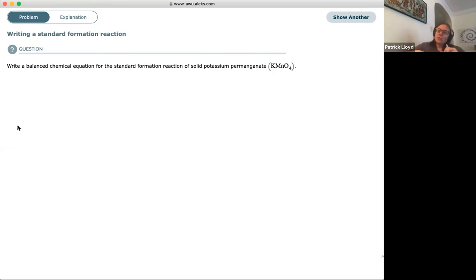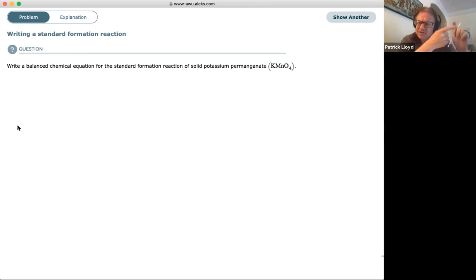Okay, so when we do these problems, they give you a formula and a name. They're going to give you a compound, and the state of matter of that substance. All you need to do is write a chemical equation starting with the elements that make up that compound.